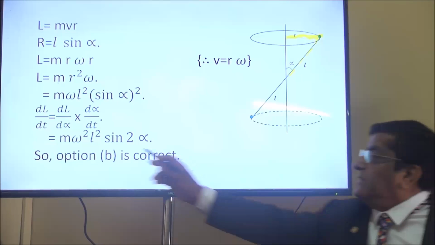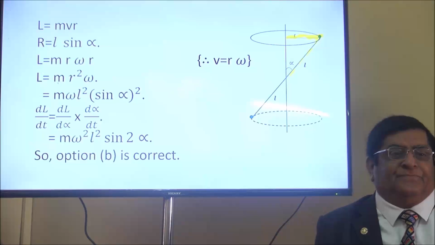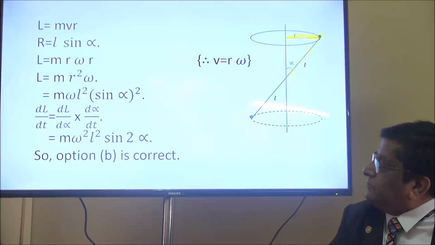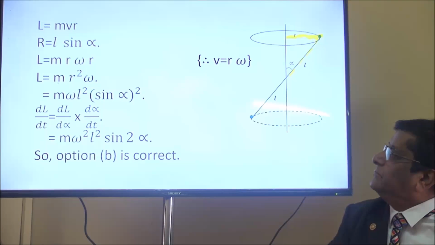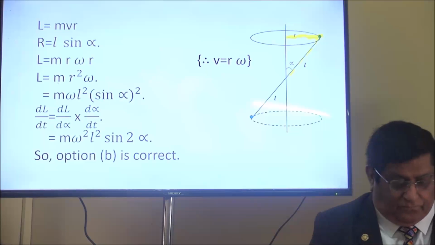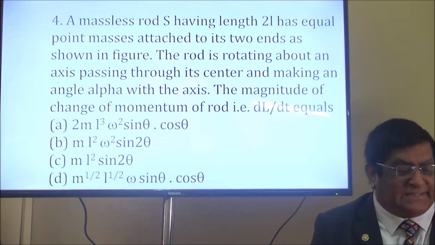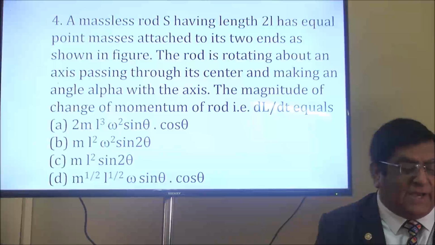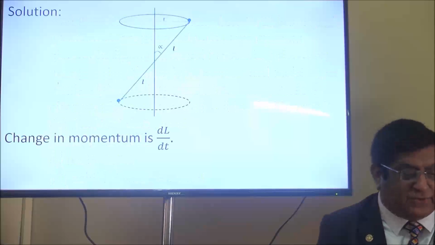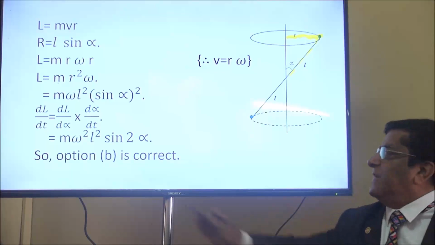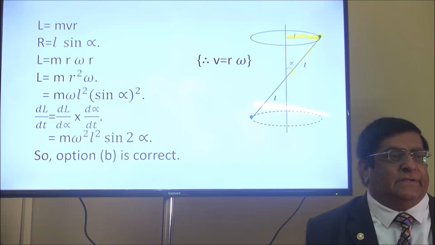So this is the answer for dL by dt. So you get here option B as the correct option. M L square omega square sine 2 alpha, since 2 sine alpha cos alpha is equal to sine 2 alpha. Here you get it. Right?